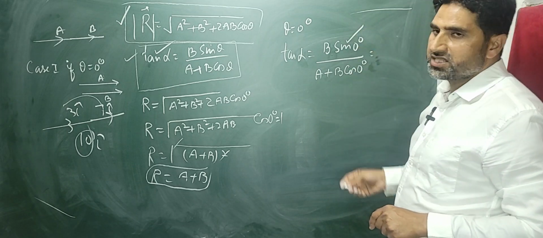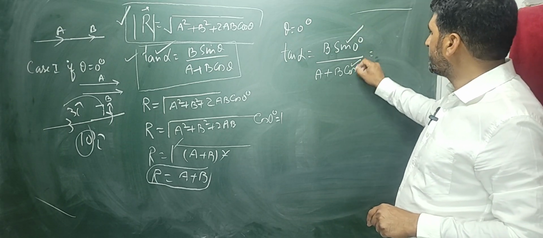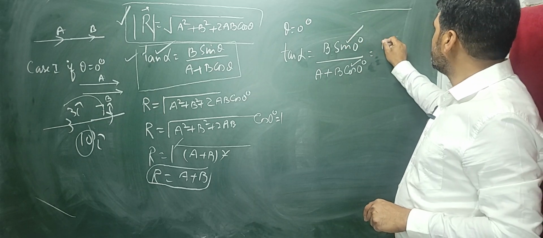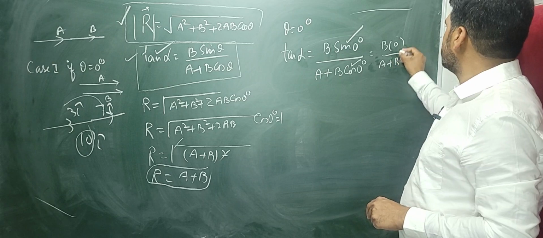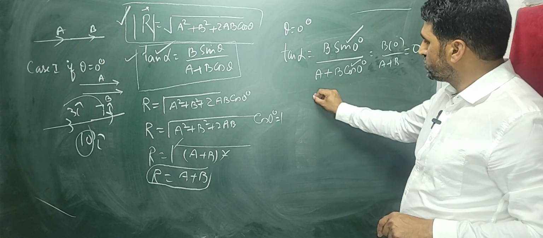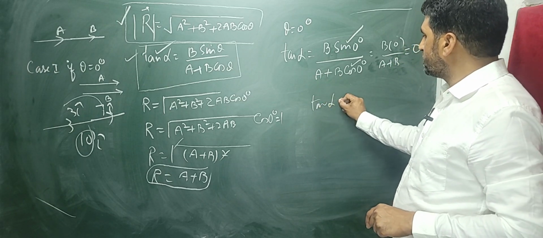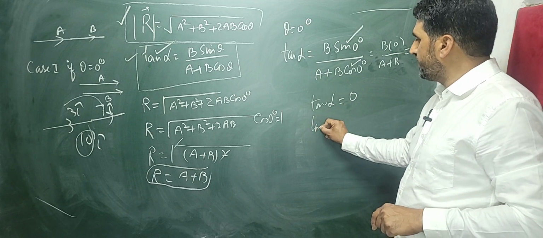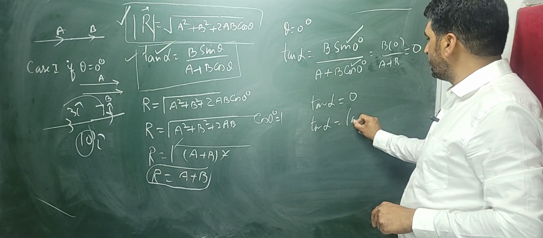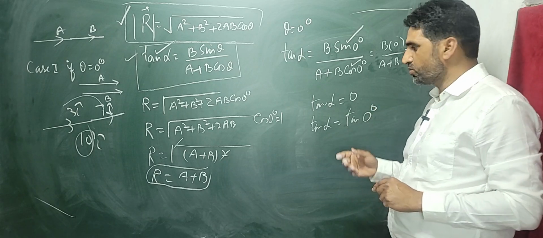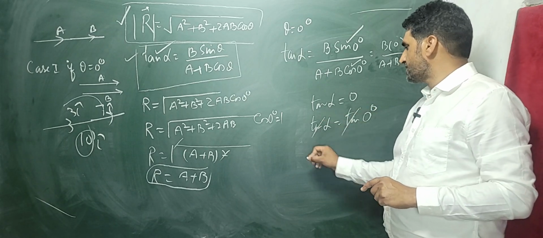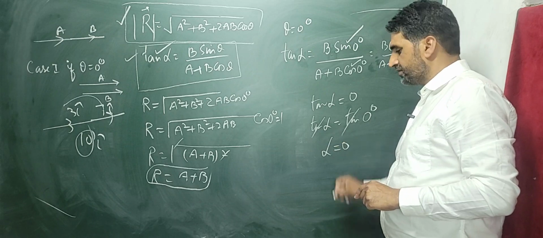And you know sine 0 is 0 and cos 0 is 1, so you get B times 0 divided by A plus B, it becomes completely 0. So tan alpha is equal to 0. You can write it like tan alpha is equal to tan 0 degree, because tan 0 is 0. So tan cancels, alpha equal to 0.